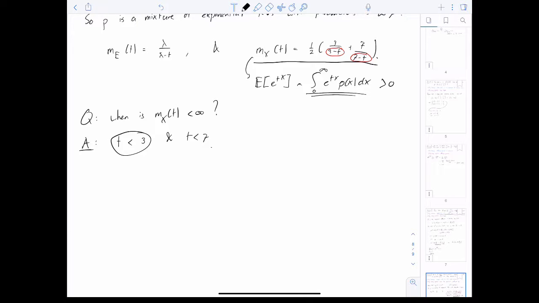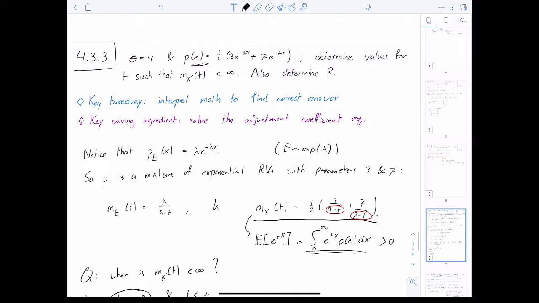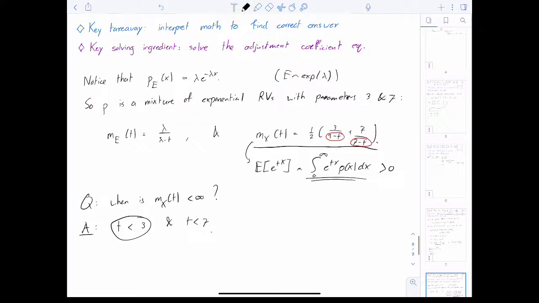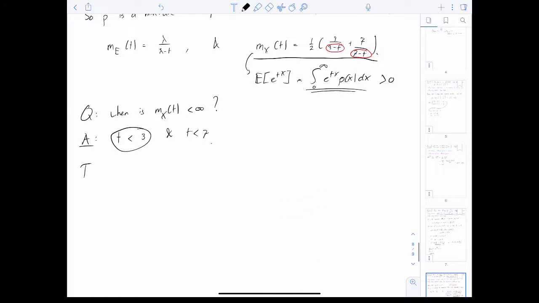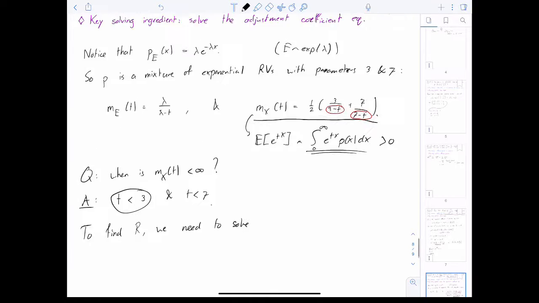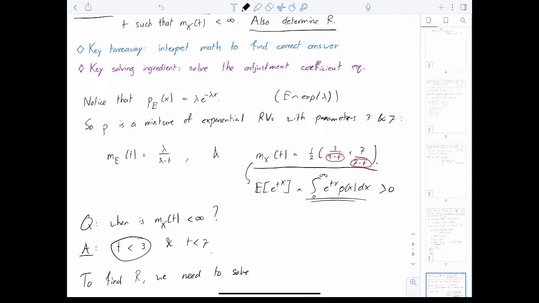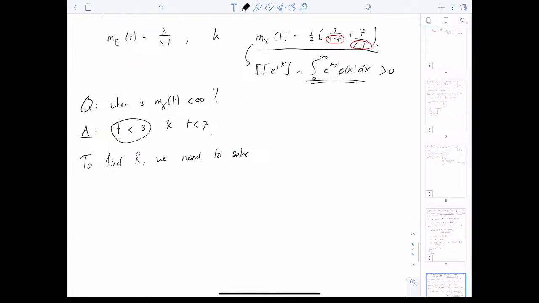Now to find r, we also have to determine r, the adjustment coefficient. To find r, we need to solve the adjustment coefficient equation, so that's the key solving ingredient.